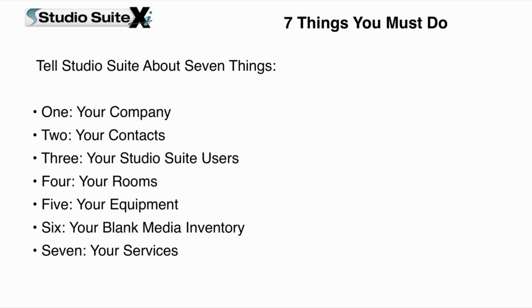And then finally, your services, which are the things that you do. If you're not charging so much for studio time, but for services like compositing and colorization, then we need to define all that stuff. And most importantly, we need to define the rates that correspond with all of these things. Hopefully, we are trying to make some money doing this. So as we create these items, we're also going to define the rates for those.